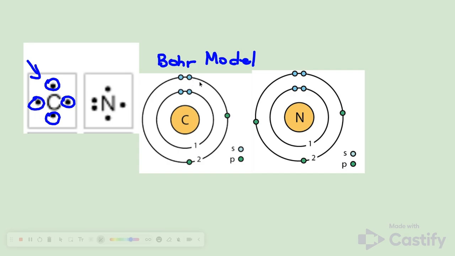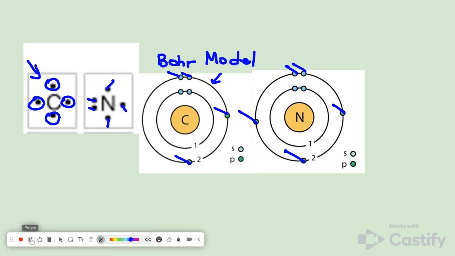Well, here's the last shell, or the last orbit, last cloud, last energy level. It's right here, and you can count 1, 2, 3, 4. So that's why they put 4. And nitrogen in its last shell has 1, 2, 3, 4, 5, and you can count 1, 2, 3, 4, 5. So that's basically as simple as we make dot diagrams.